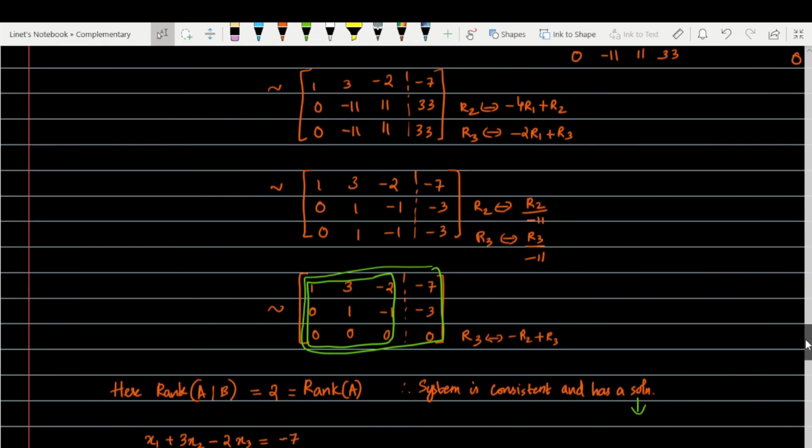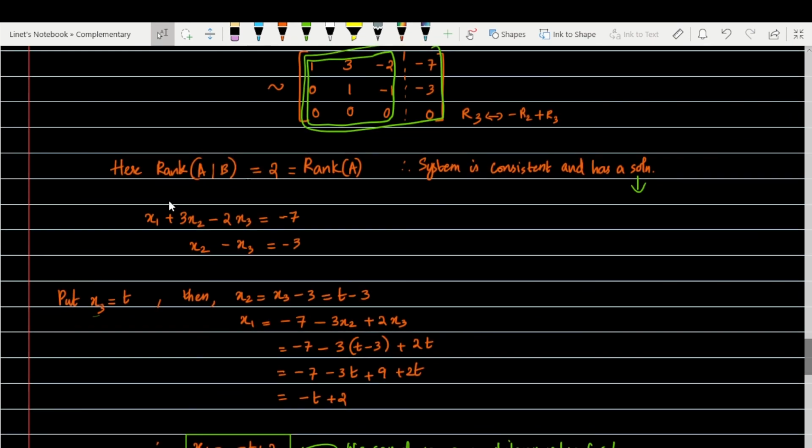Here the rank was equal to 2, and n is 3, so n minus r is equal to 3 minus 2, which is equal to 1.